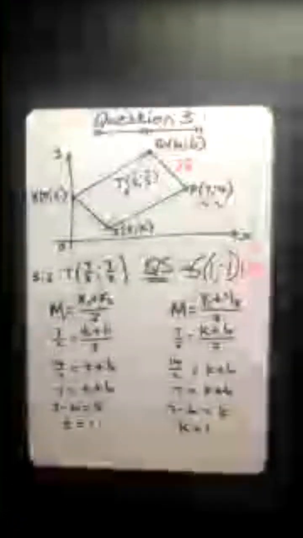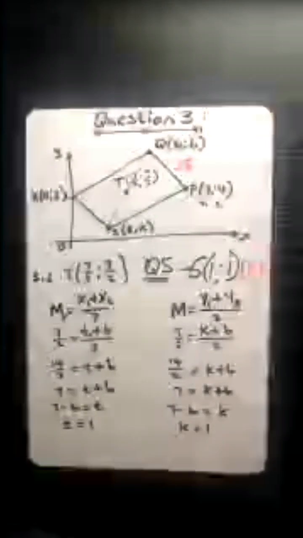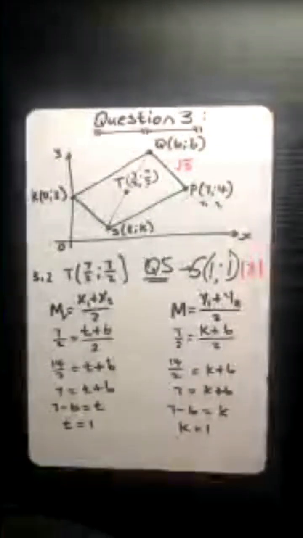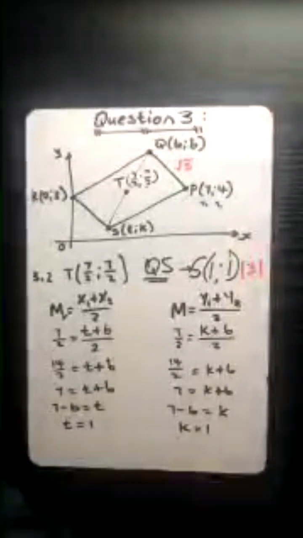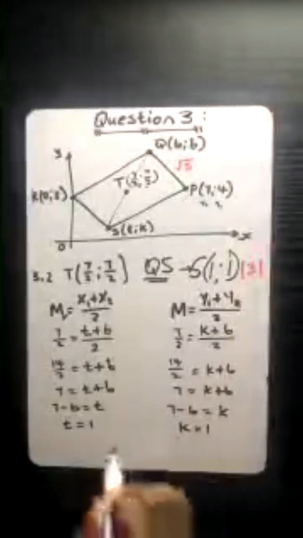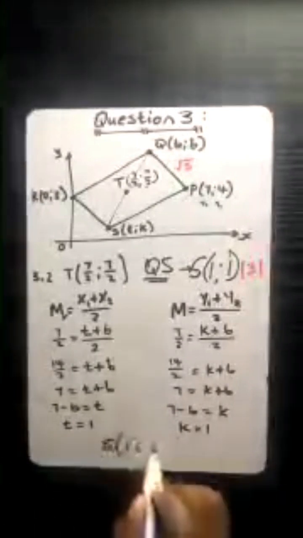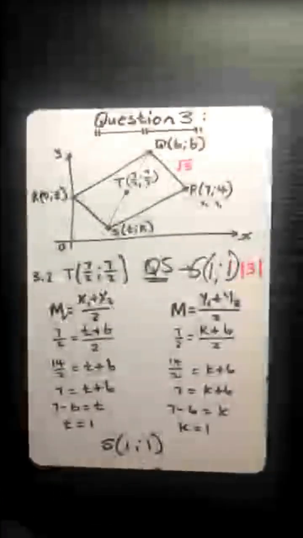I'm not sure, honorable members, if that made sense to everyone. Something very important, honorable members: in the end, you need to say S is 1 and 1, because that's what they wanted you to calculate.